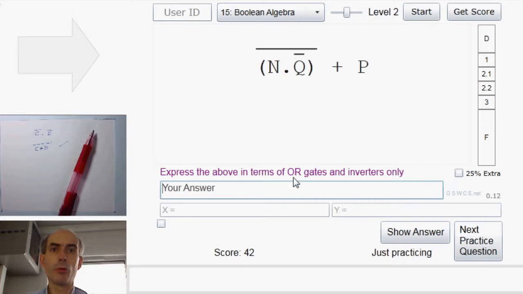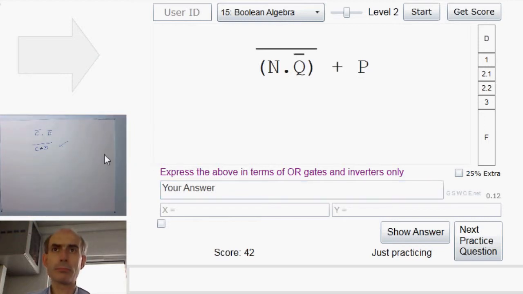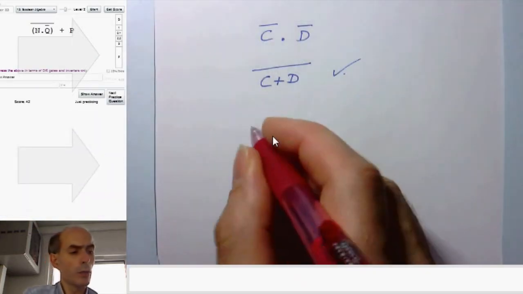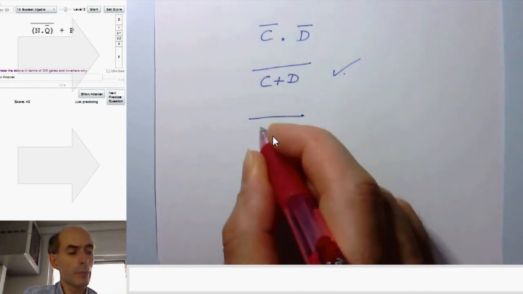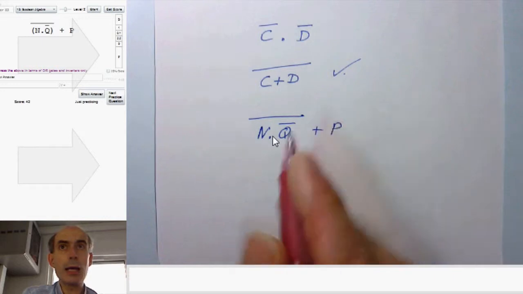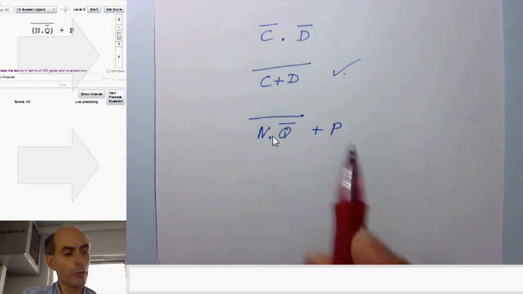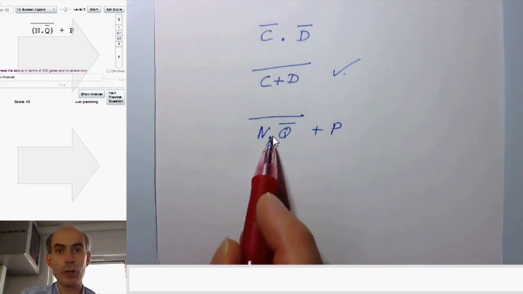Express this in terms of OR gates and inverters only. Okay, a little bit more complicated, that one. But once again, we have an expression here, and there's an AND gate there. We're being asked to express this in terms of OR gates and inverters, so that AND gate has got to go.